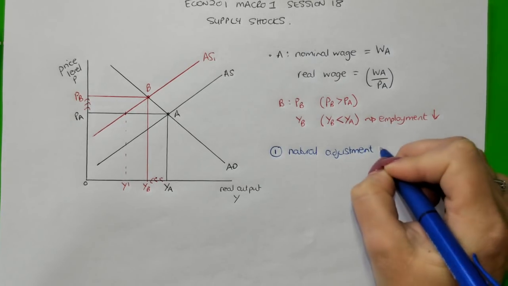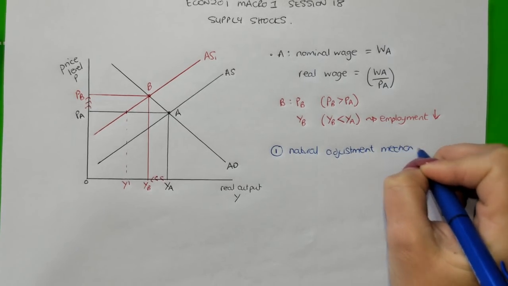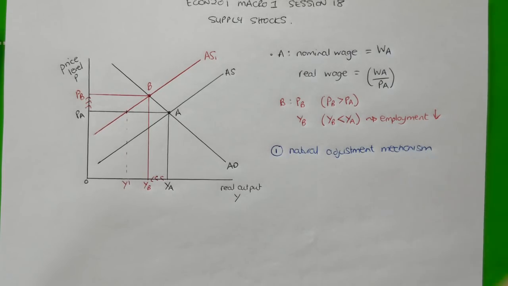In a natural adjustment mechanism, the government and the Reserve Bank would rely on the fact that over time, the economy would be able to naturally adjust to the supply shock without any intervention from either the government in terms of fiscal policies or the Reserve Bank in terms of monetary policies. So a natural adjustment mechanism basically means do not interfere, don't do anything.